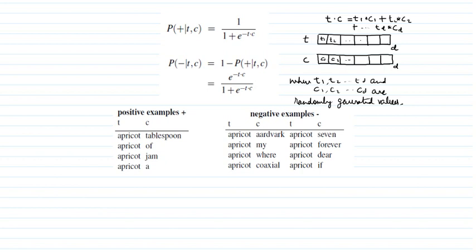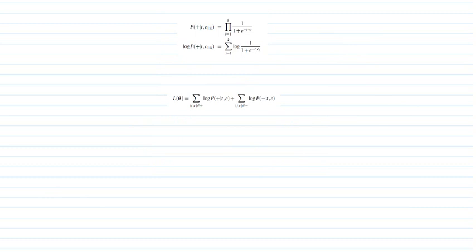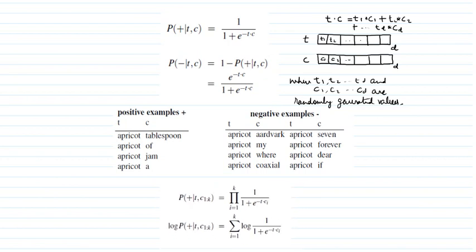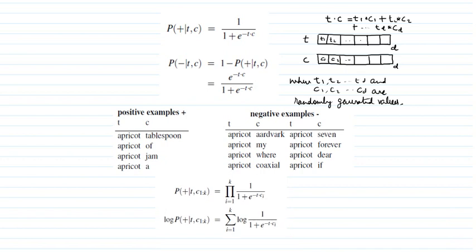So let's take the probability of a target word with all its context. It can be written like this: P of positive given c1 to ck can be written in this way, P of positive with all its context.